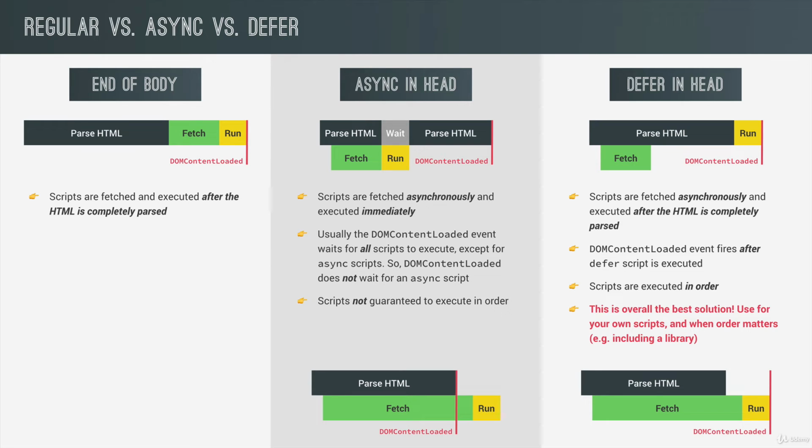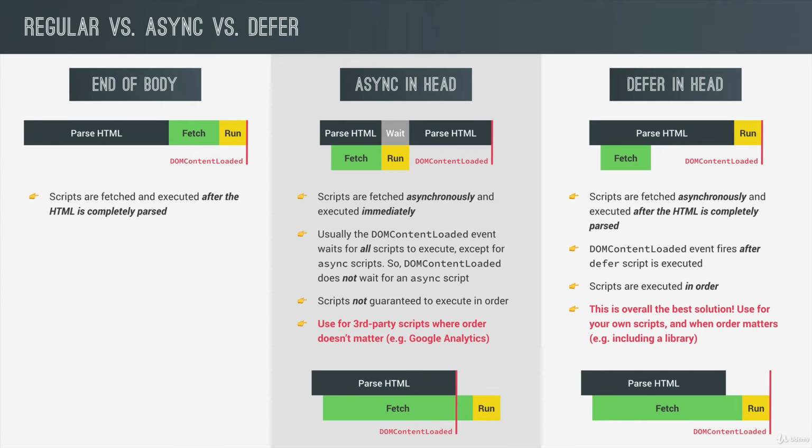execution. Now, for third-party scripts where the order does not matter, for example, an analytics software like Google Analytics or an ad script or something like that, then in this case, you should totally use async. So for any code that your own code will not need to interact with, async is just fine.